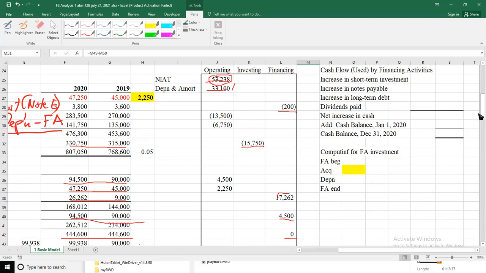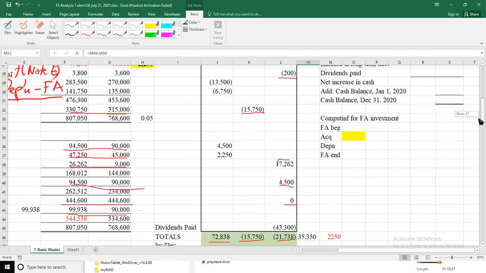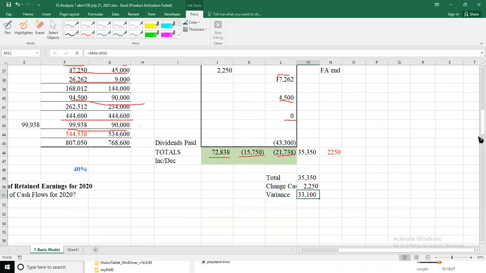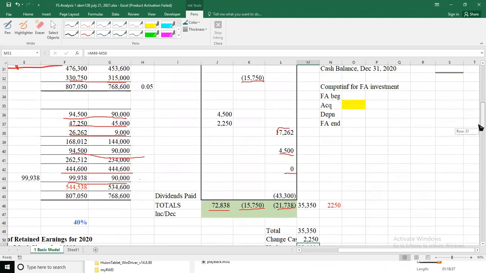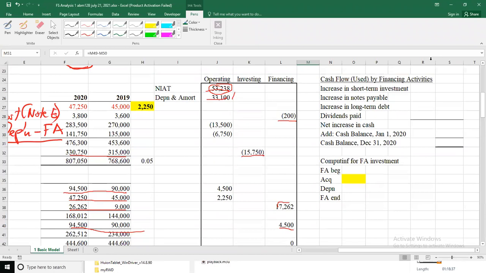Any suggestion? May overstated yung 33,100 eh. Do you see something in our template? Pag in-adjust siguro natin yan, mag-i-equal tayo. 33,100 yung difference. Overstated tayo ng 33,100. So, saan kaya yon? Oh, depreciation, Wendy.